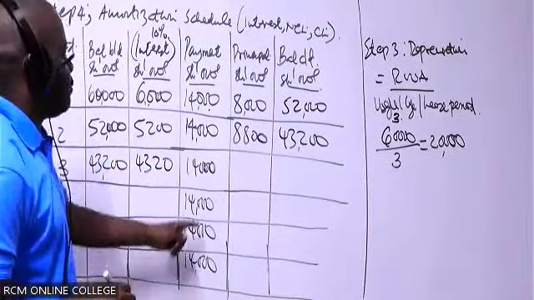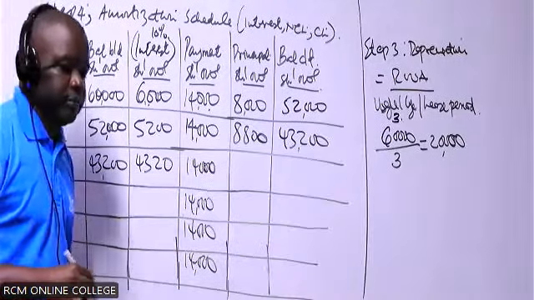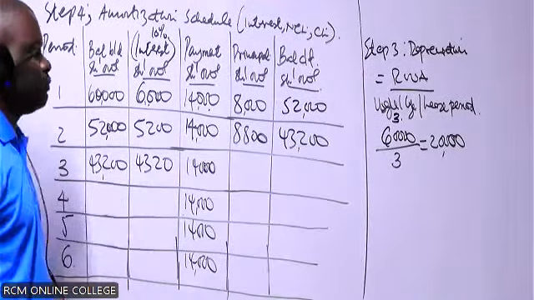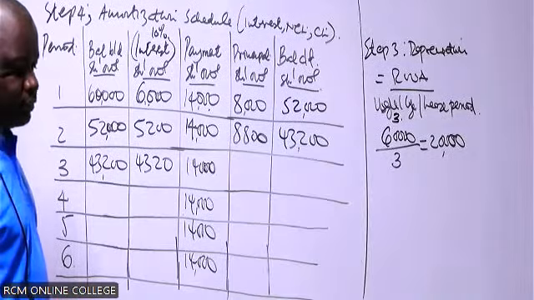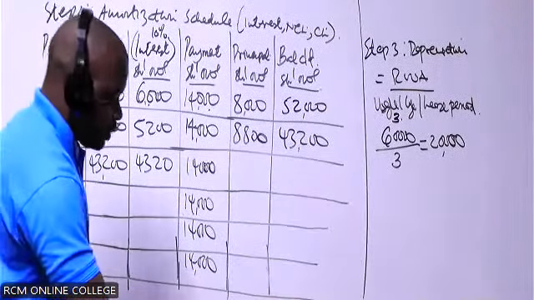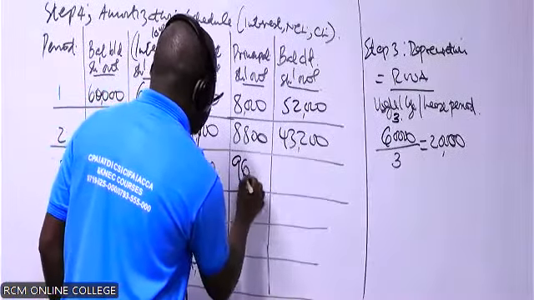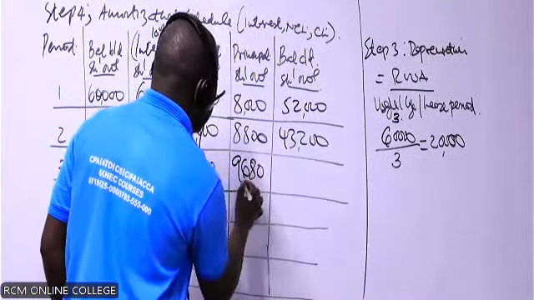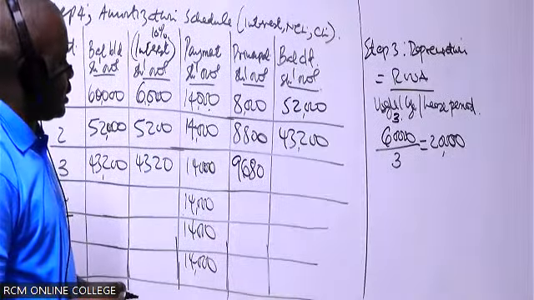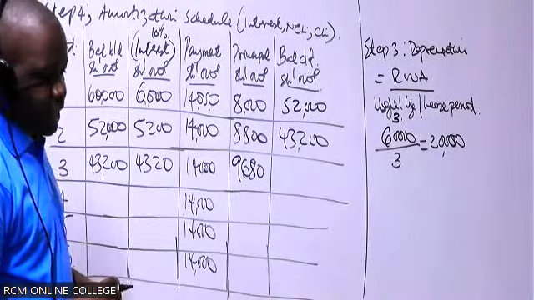It comes to 4,320. When they pay 14,000, there's part of the principal amount they are clearing. How much is it? 9,680.